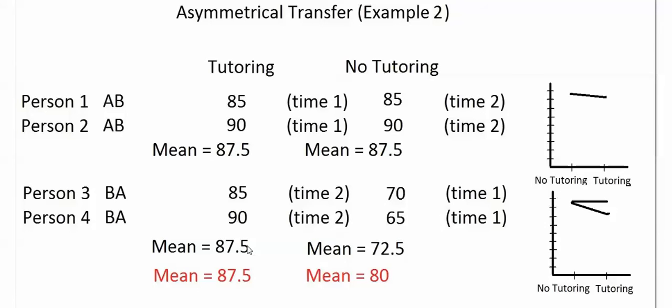So if these two high scores hadn't been there, this average here would have been lower, and the difference between these two means would have been bigger. So once again, the asymmetrical transfer is skewing the difference between the means of the two conditions by either making the difference bigger or smaller.